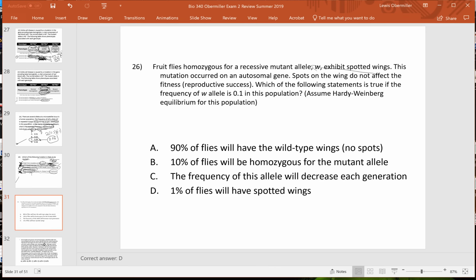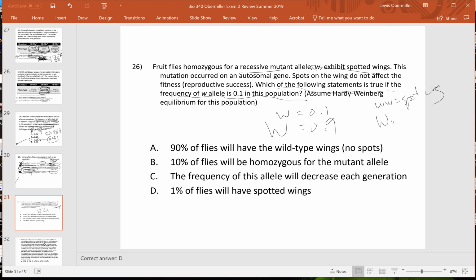W spotted wings. Plasma does not affect fitness. Which of the following statements is true? Frequency of W allele in the population. Little w equals 0.1. So big W equals 0.9. Little w little w is spot wings. It's recessive.